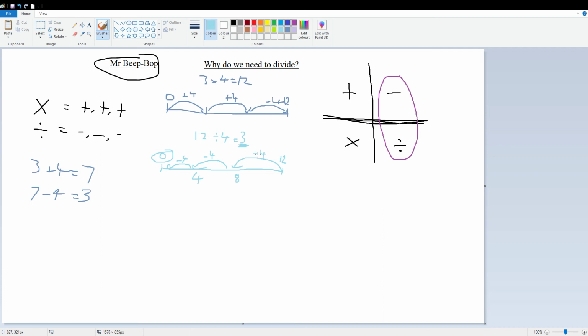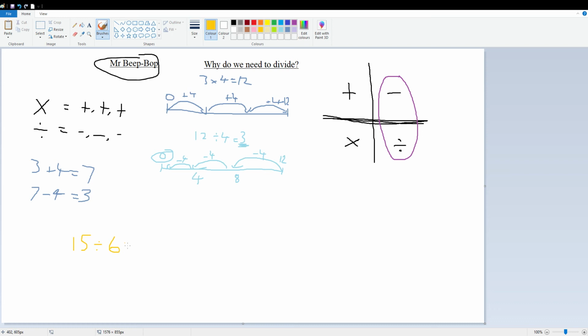However, let's look at a more complicated example, and I'm going to pick one that I know is not going to give us a whole number. I'm going to do this on purpose. I'm going to get orange down here, and I'm going to say, what's 15 divided by 6?